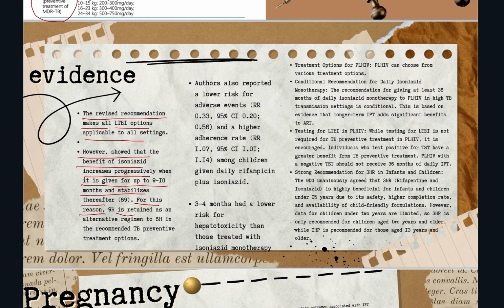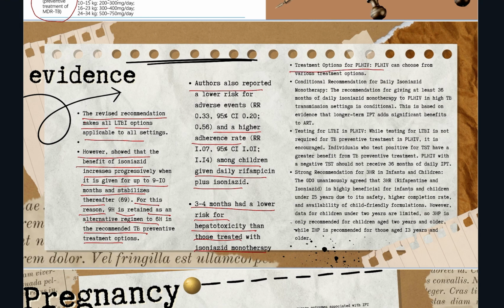For this reason, 9 months is retained as an alternative regimen to 6 months in the recommended TB preventive treatment options. Authors also reported a lower risk of adverse events and a higher adherence rate among children given daily rifampicin plus isoniazid. 3 to 4 months had a lower risk for hepatotoxicity than those treated with isoniazid monotherapy.